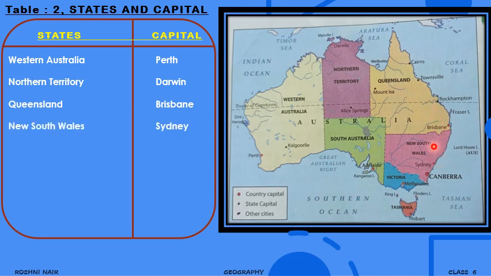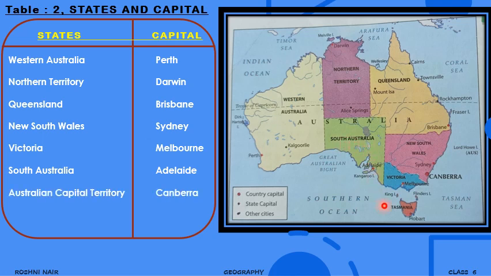New South Wales down here, can you see? New South Wales, and the capital is Sydney. Victoria, 5th state of Australia, and the capital is Melbourne. 6th important state is South Australia, and the capital is Adelaide. See here, Adelaide.